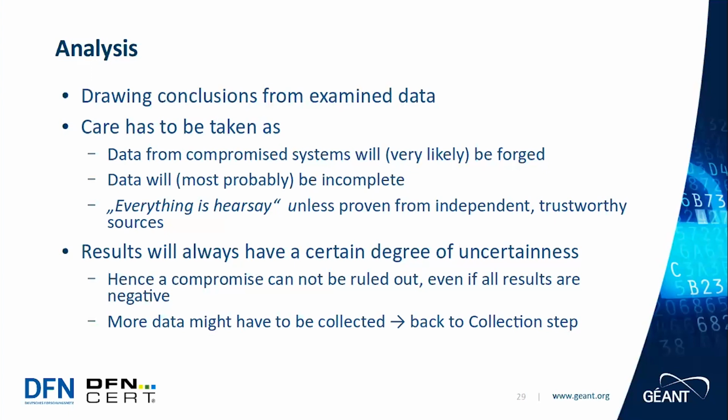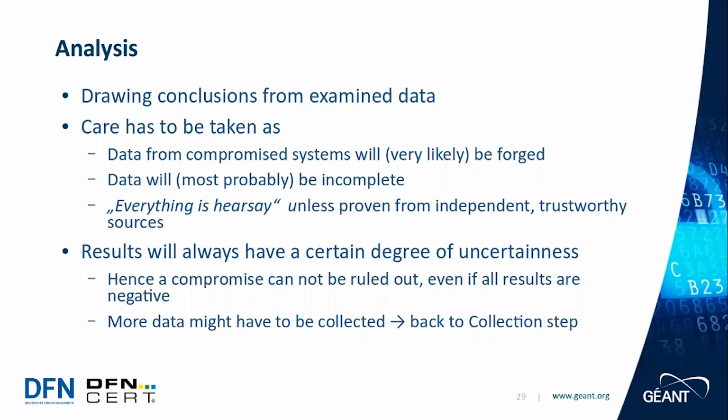But in the end, the results will always have a certain amount of uncertainty, especially when we are tasked with the question of, has there been a compromise or not? This is the point where all the incident responders get very vague and say, well, we haven't found a trace, but we can't rule this out with 100% certainty.